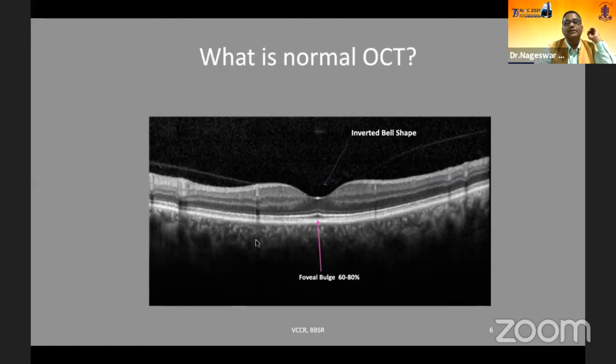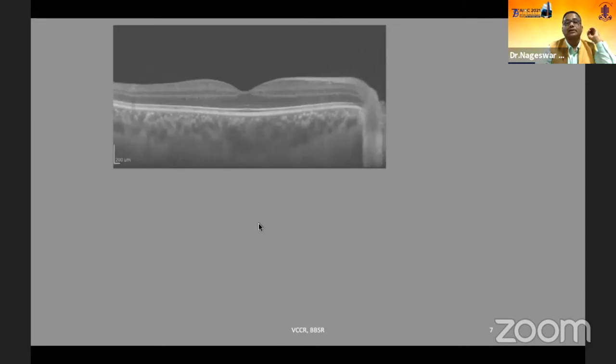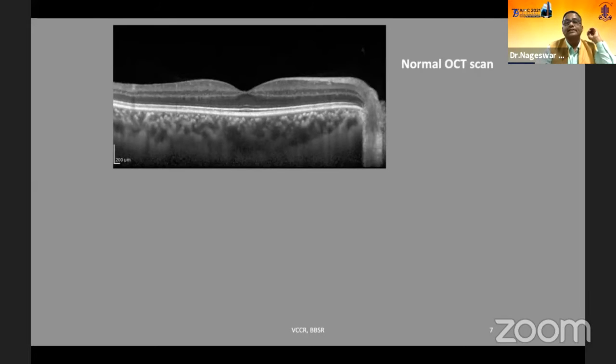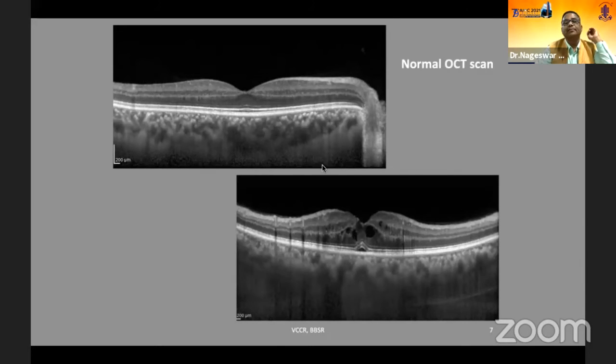And sometimes you will see the vessels in the inner nuclear layer and the nerve fiber layer casting a shadow. This is the shadow which is casting. This is the normal vascular. So in a normal OCT scan, any abnormality we find, suppose a bulge, an increase in thickness or cystic deformation, whatever the changes we see, that is abnormal.